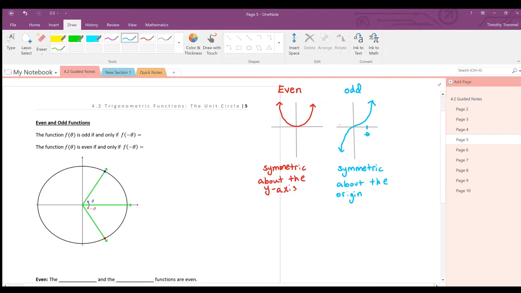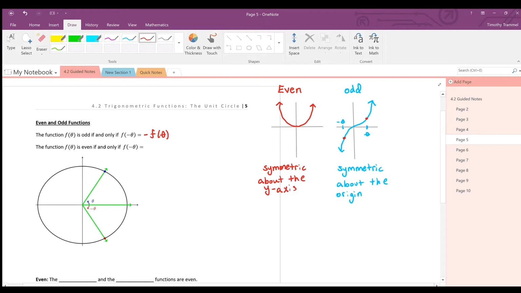And if I were to go over here to say minus theta, the idea is that these two numbers, this spot and this spot right here, they're the same number other than their sign. Okay, so f of minus theta is equal to minus f of theta. Okay, so they're just off really by a negative sign.